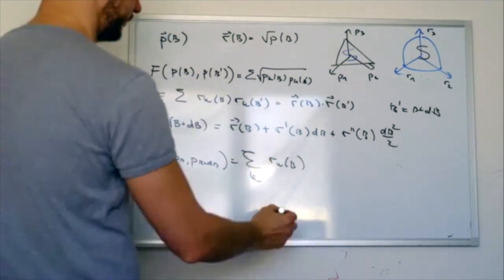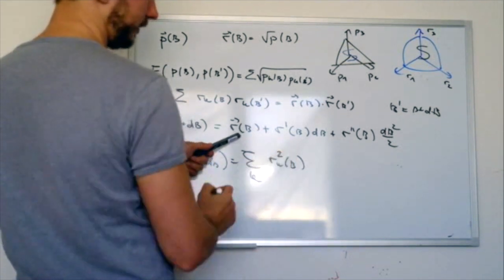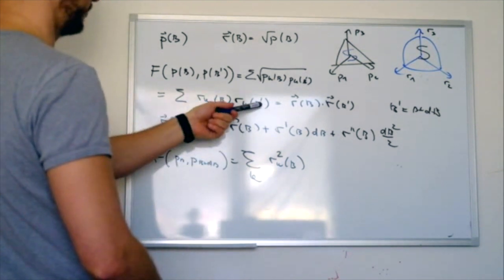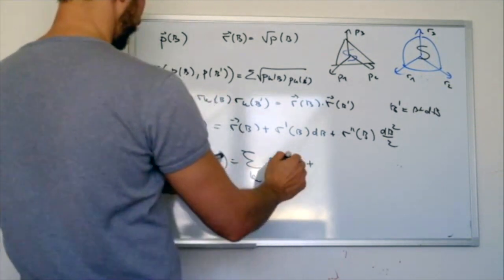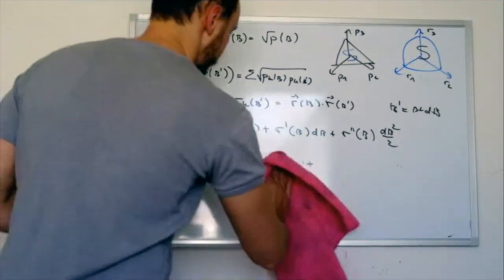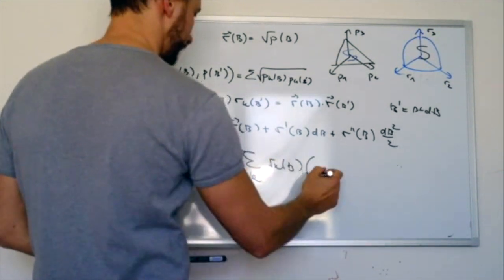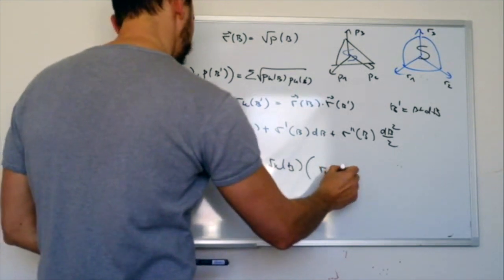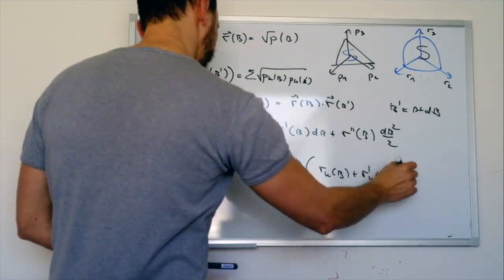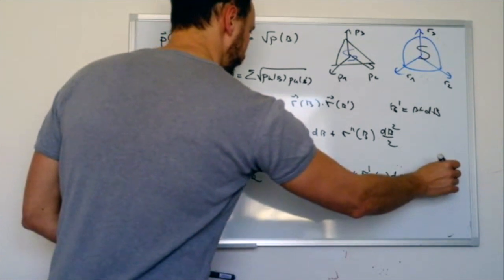Now I'll plug this expression in. Let me write it explicitly in one more line. So we have Rk of B times Rk of B plus R prime k of B dB plus R double prime k of B dB squared over 2.